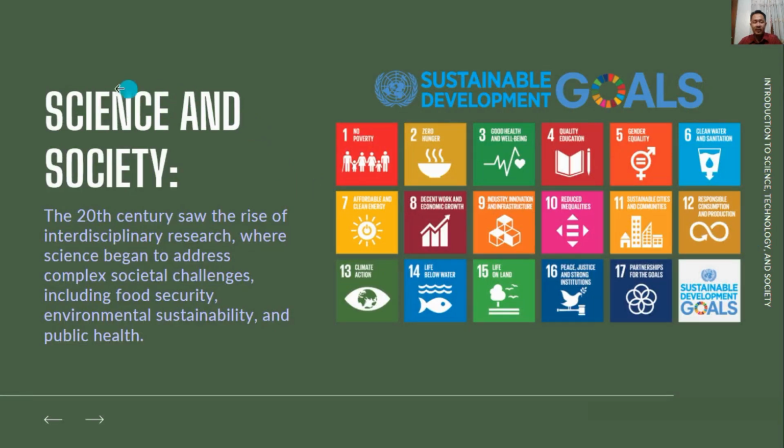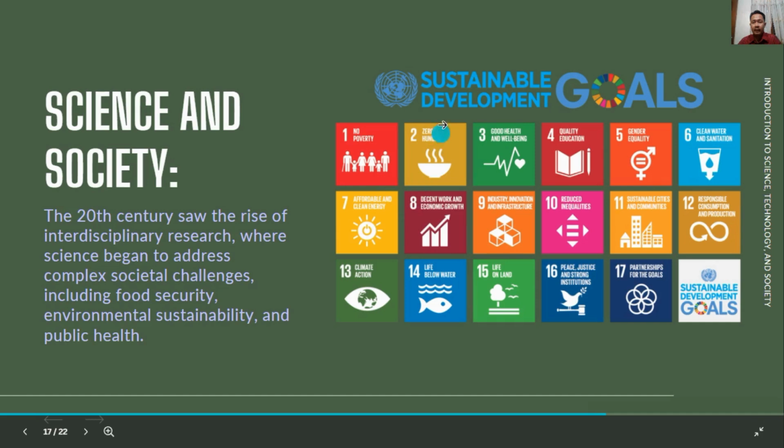The science and society in this era saw the rise of what we call interdisciplinary research, where science began to address complex societal challenges. As society advances, our problems also become more complex, including food security, environmental sustainability, and public health.